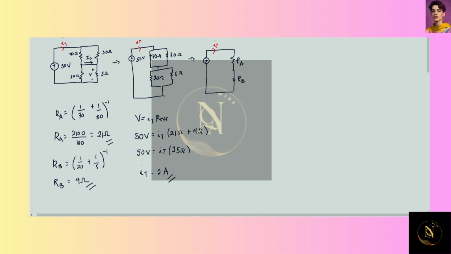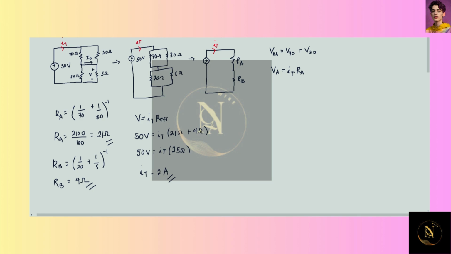Since the 70 ohm and 30 ohm resistors are in parallel connection, we could say that the voltage of Ra is equal to the voltage of the 70 ohm resistor and also equal to the voltage of the 30 ohm resistor. If that is the case, we say that Va, or the effective resistor A, is equal to IT times Ra.